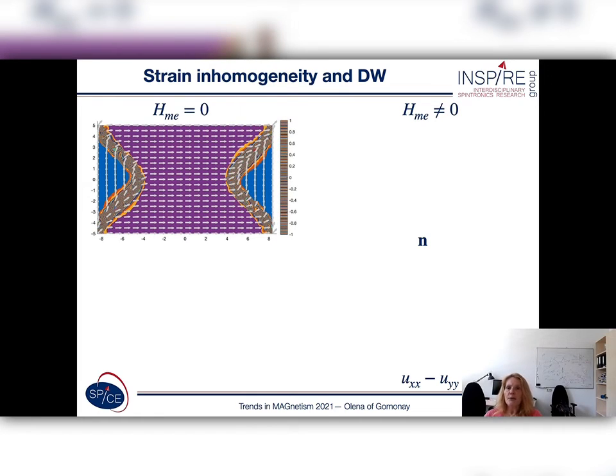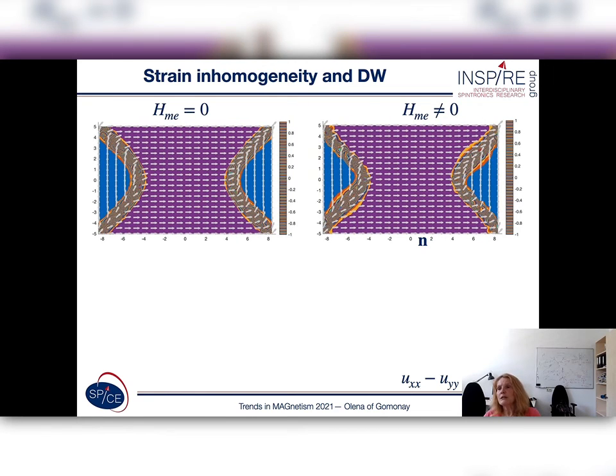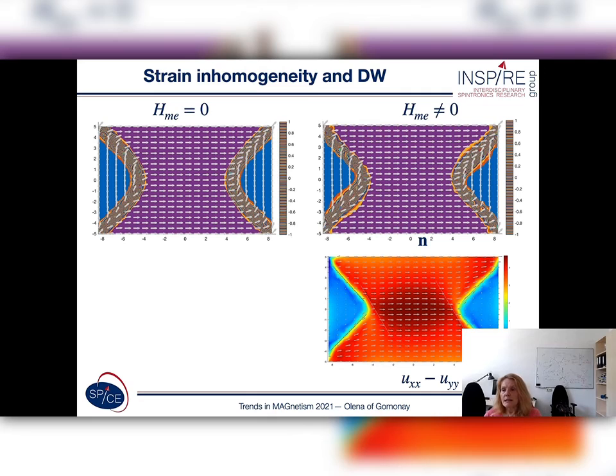However, if we take into account magnetoelastic effects, then the corresponding distribution changes in such a way that strong asymmetry between up and down becomes quite pronounced. Similar asymmetry is also observed in distribution of strains.